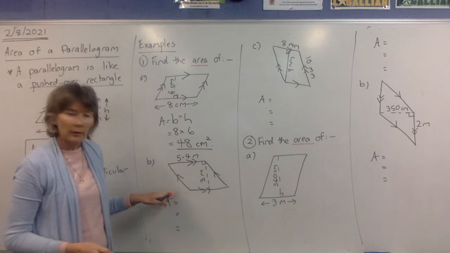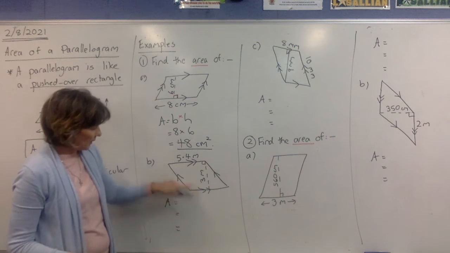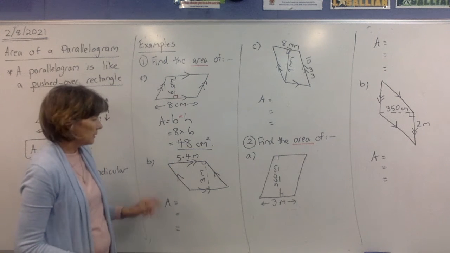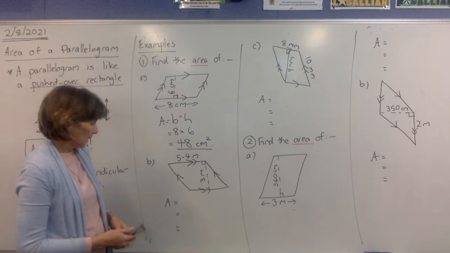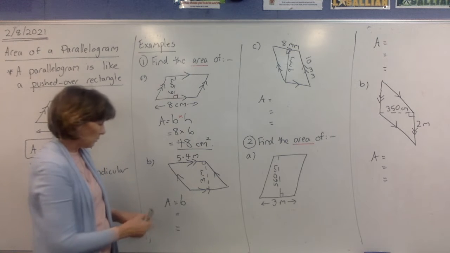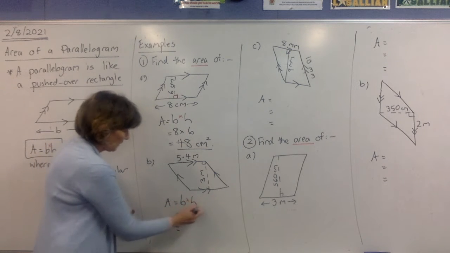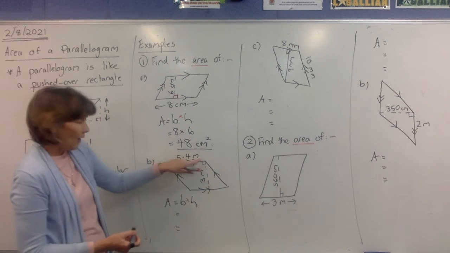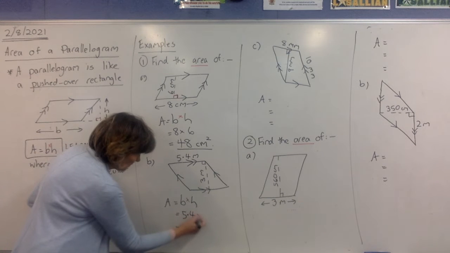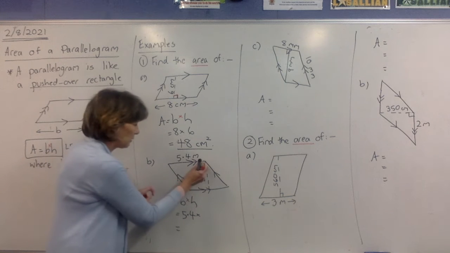Again, it's a parallelogram because we have one pair of parallel sides here and another pair of parallel sides here. So when you've got two pairs of parallel sides, you've got a parallelogram. So we're going to use our area of a parallelogram formula, which is A equals B times H. Now we look at our diagram. Our base is 5.4 times our perpendicular height, which has to come off our base at right angles.